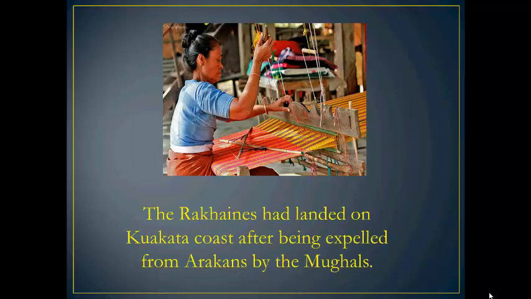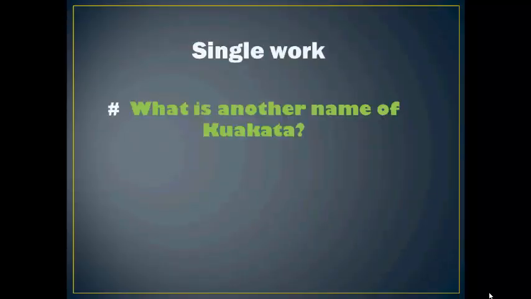The Rakhine had landed on the Kuakata coast after being expelled from Arakan by the Mughals. Please think about the image. Think about it and try to understand clearly. Here we see a single walk.